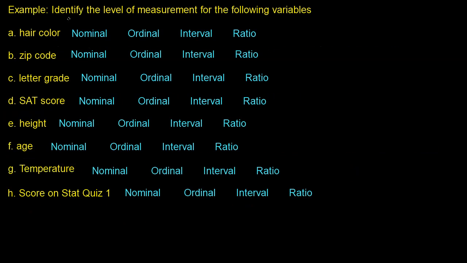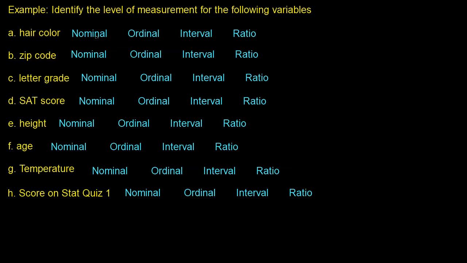Okay, so now let's move on to a few examples where we have to identify the level of measurement for the following variables, starting with hair color. Now, when we're considering the level of measurement, we'll consider first nominal, then we'll build up and see if it's ratio. Now, is hair color nominal?